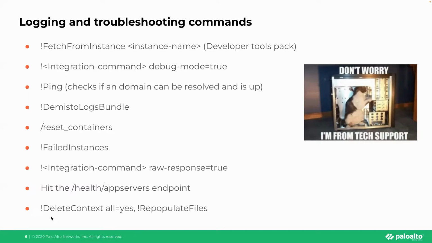It does not clear the incident object, it only clears the context keys. But one of those context keys that gets cleared is the file key. And without the file key, you may not have a file to process or check. So that is why we run the second command, which is repopulate files, which basically puts the file back into the context so that you can continue processing that file.